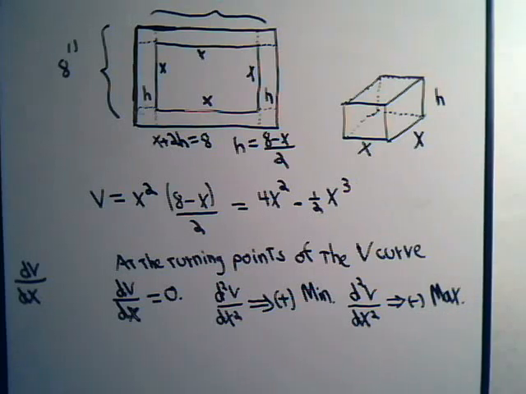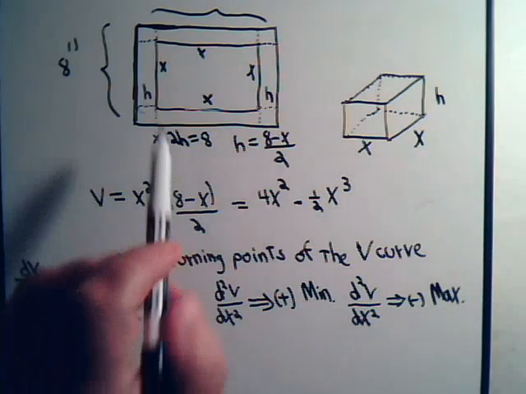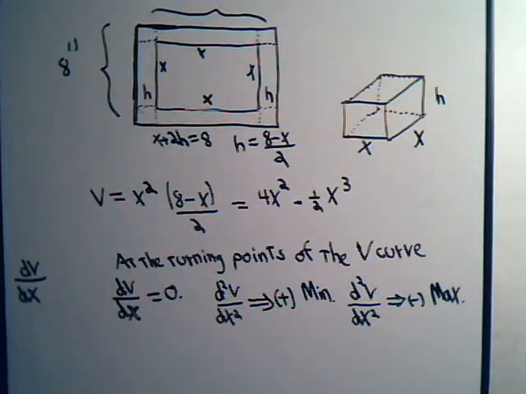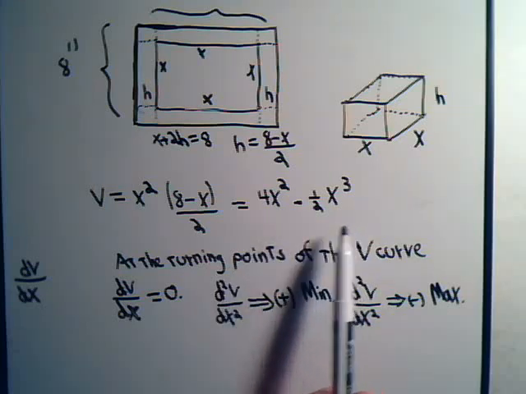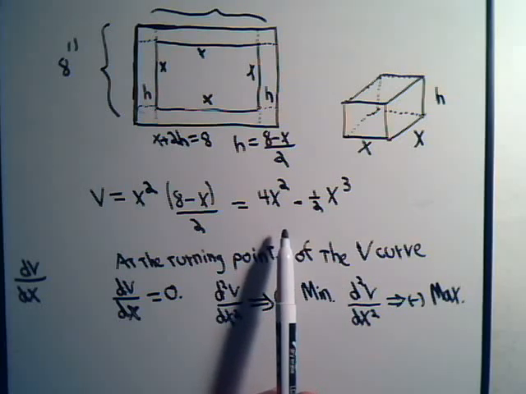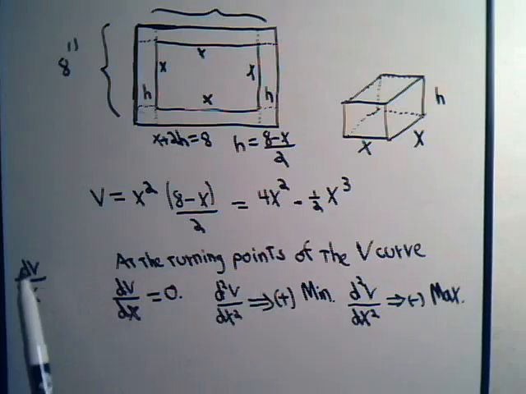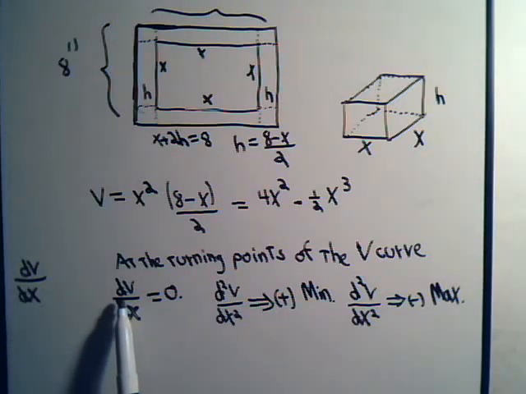So you see, really now, once we've kind of worked with the problem here to express the volume all in terms of just a single variable x, then really we're kind of set to go, aren't we? Now all we have to do is find dV/dx and set it equal to 0 and find out what values of x make this 0.